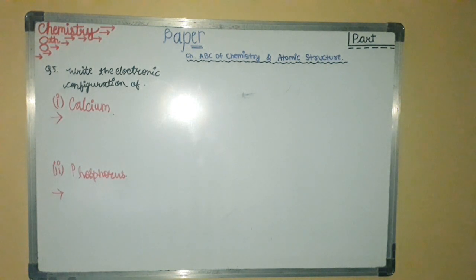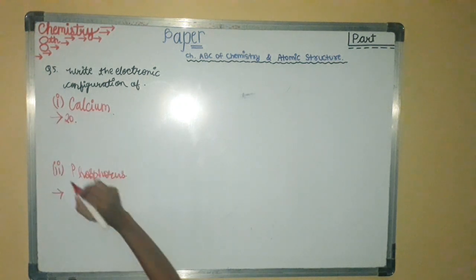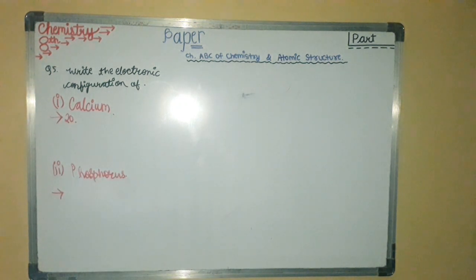Atomic number of calcium is 20 and phosphorus is 15.